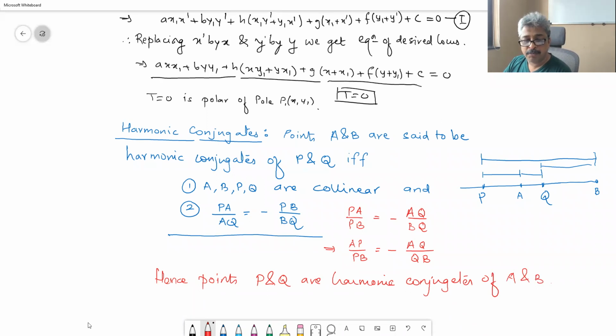So AP upon PB is equal to the opposite of AQ upon QB. So there is a duality. So this is the definition of harmonic conjugates.